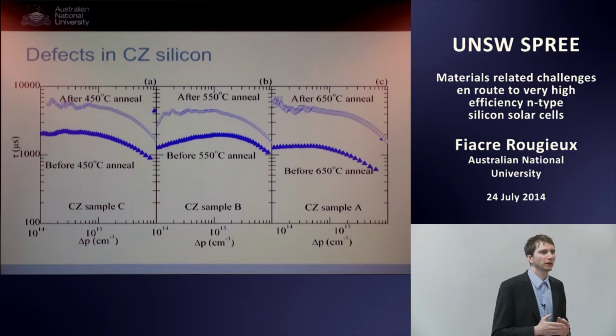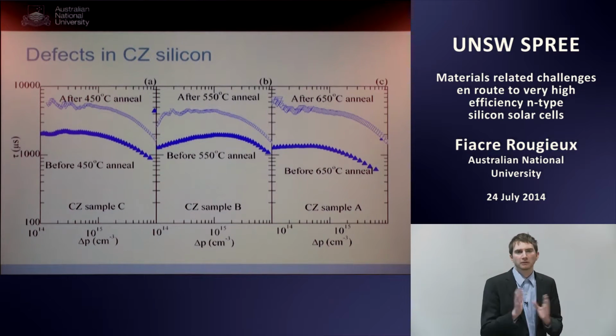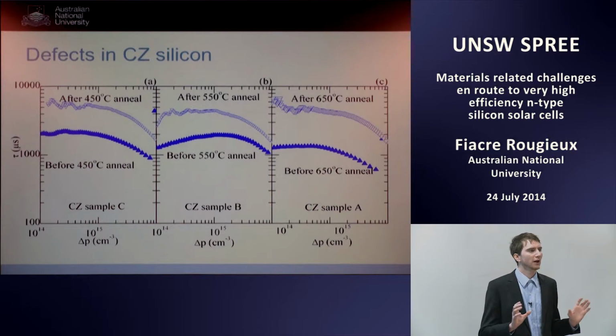What we think we're looking for is an intrinsic point defect paired with light elements, because those complexes usually have quite low deactivation energy, so they can dissociate at very low temperature.